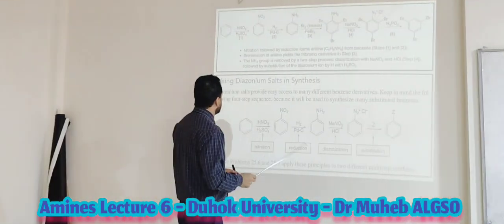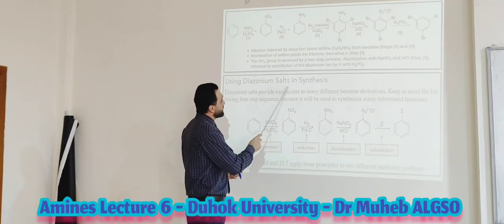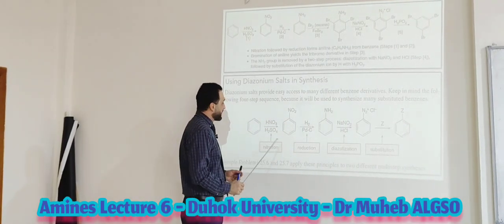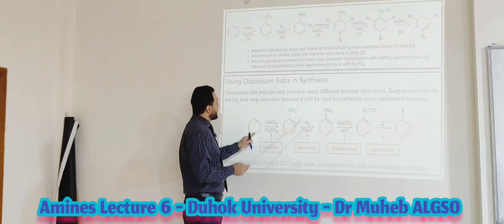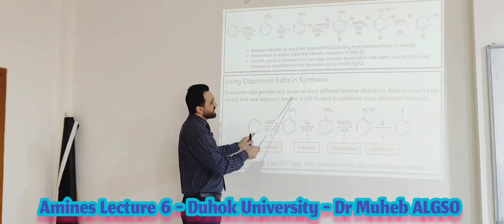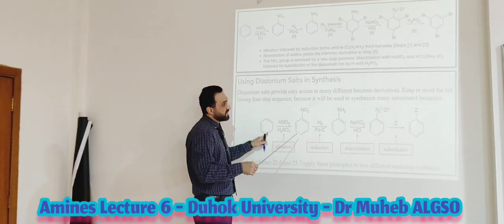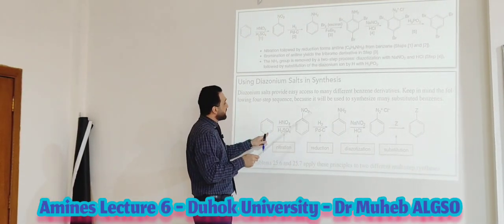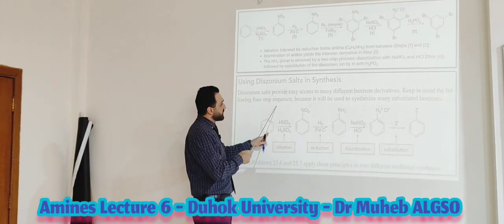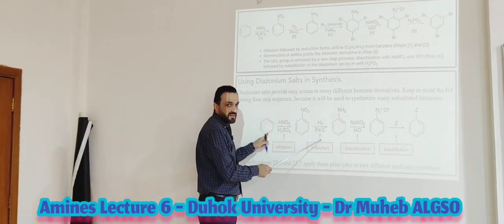Okay. Now, using diazonium salt in synthesis. What he said, diazonium salt provides easy access to many different benzene derivatives. Yes, we can prepare many different benzene derivatives here. Keep in mind the following 4-step sequence because we will be using diazonium salt.